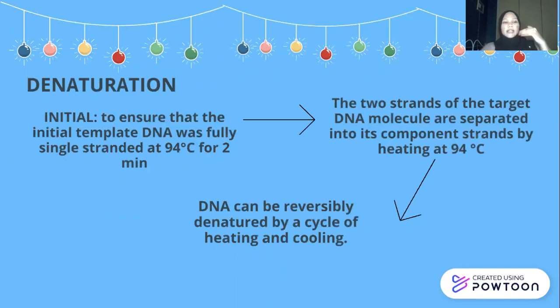The denaturation function is to denature or separate the 2 strands of DNA. And then as a result we get 2 strands of DNA. DNA can be reversibly denatured by a cycle of heating and cooling.